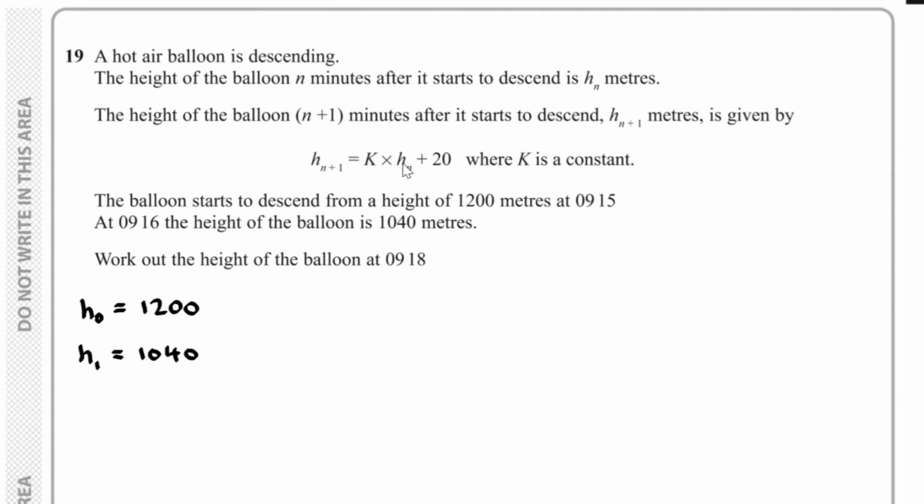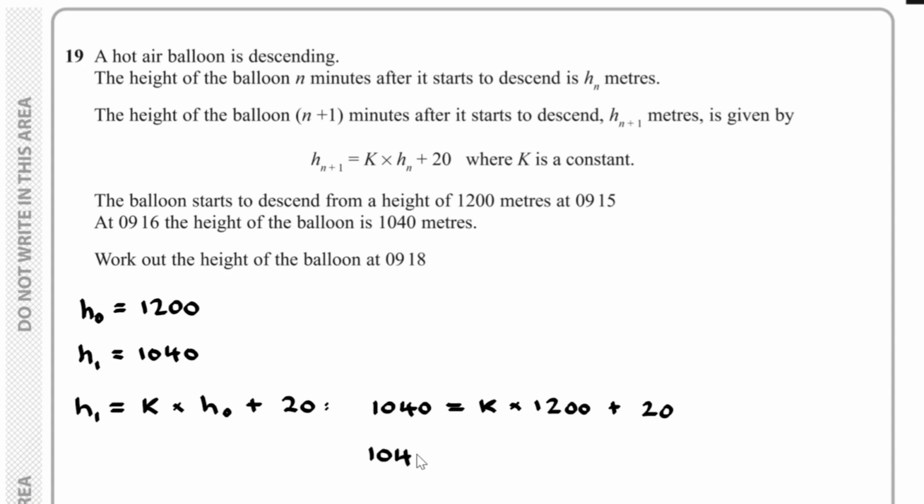And so if we substitute this into here, where we have h1 equals k times h0 plus 20, then we've got 1040 equals k multiplied by 1200 plus 20.